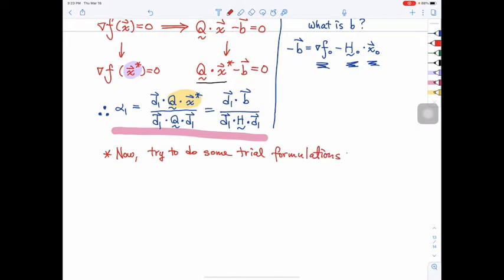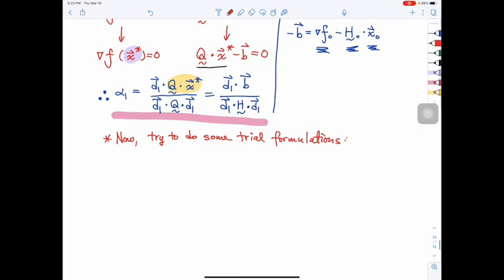Even though we have some equations from steepest conjugate gradient, it's not yet something that we can handle.